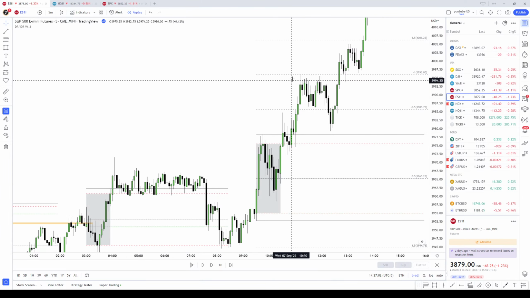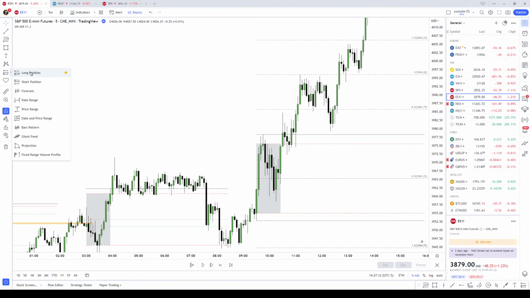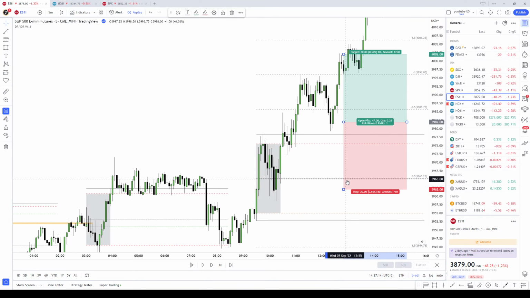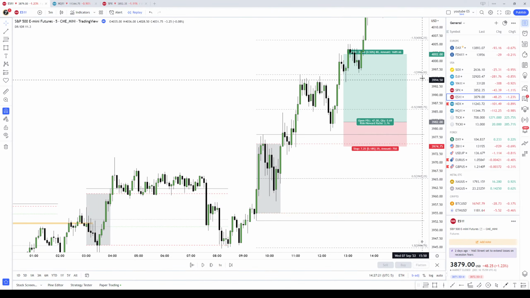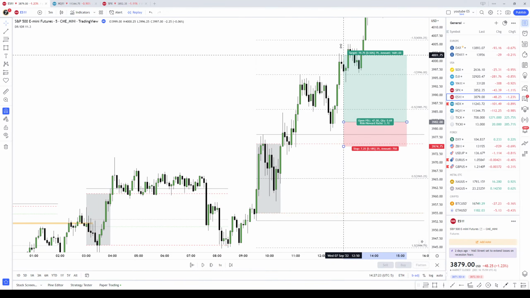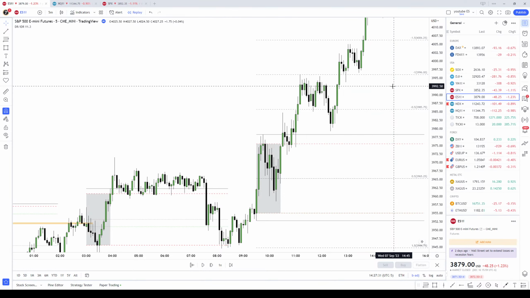When I see a range expansion model, I don't expect price to break the DR anymore, so I use this retracement as the entry, and my stop is below the DR, the IDR levels here. As we already reached 1 standard deviation, my next target would be the next standard deviation, which is here. So that's all I can say about the second one.